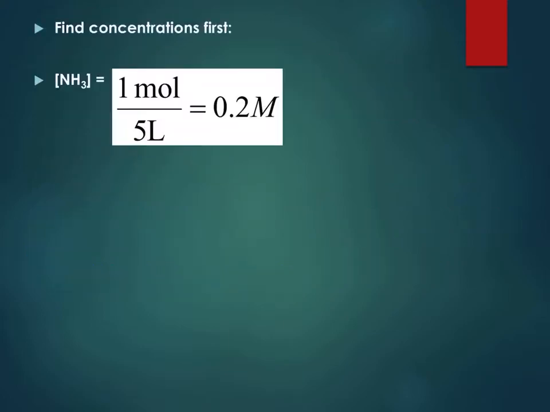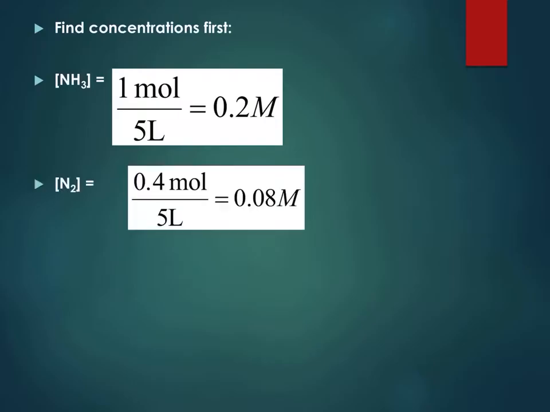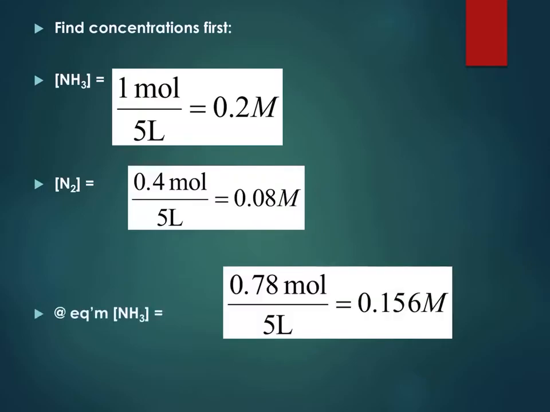Okay, so ammonia's concentration initially is 1 mole over 5 liters, which is 0.2. Again, use moles per liter or big M, it doesn't matter. N2's 0.4 over 5 is 0.08. And then at equilibrium, 0.78 over 5 is 0.156.